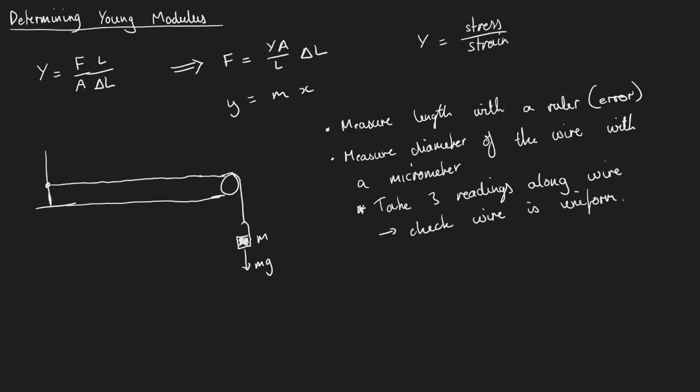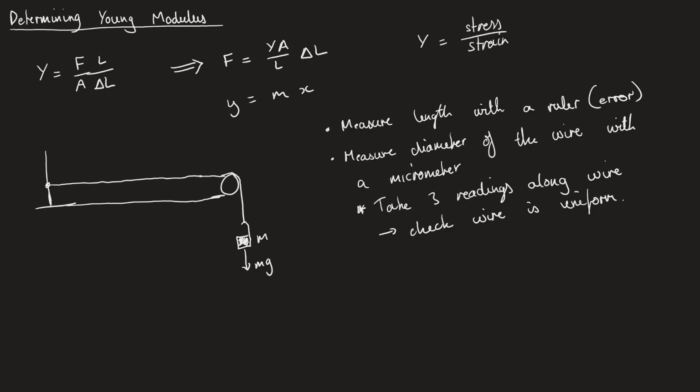So I would say if you find that your wire has quite a large difference in the diameter across these points, ask your supervisor or your teacher for a different wire, because the wire that you currently have, if it has a very big difference, is probably just on the verge of breaking. That's probably not going to be very safe.